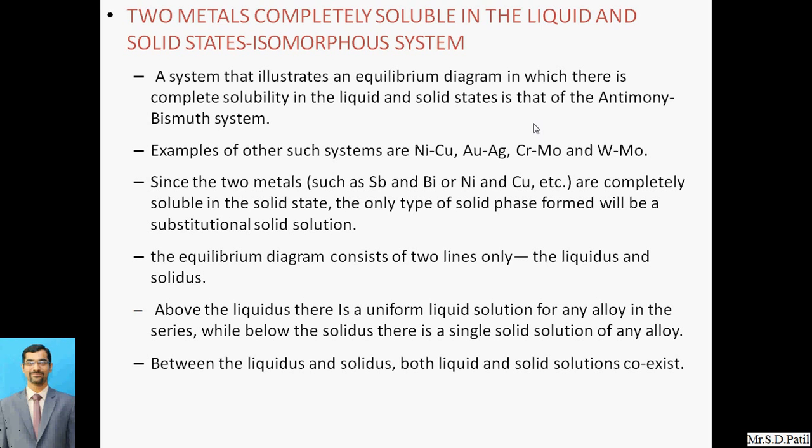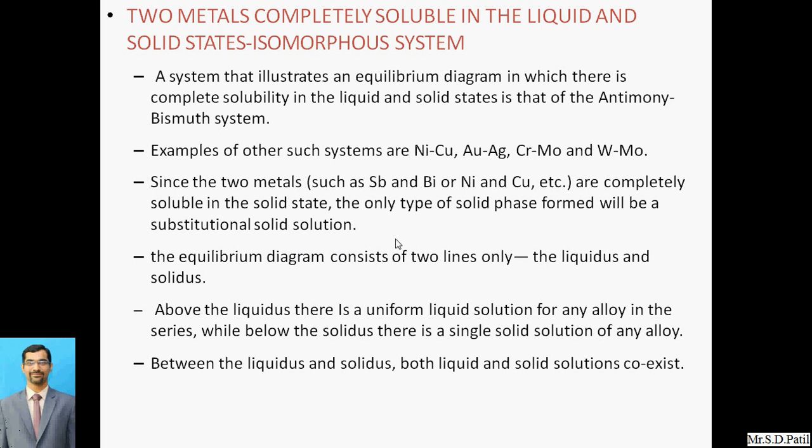We have taken the example of antimony and bismuth, that is Bi and Sb. Since the two metals, Sb and Bi, or nickel and chromium, are completely soluble in the solid state, the only type of solid phase formed will be the substitutional solid solution.